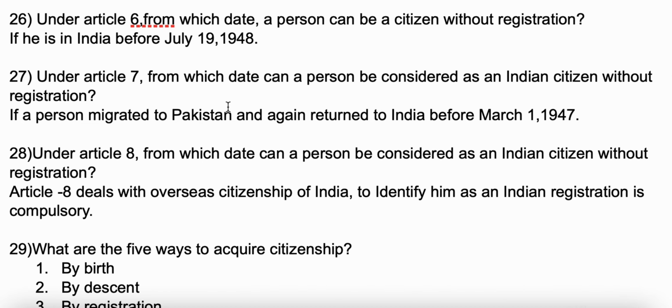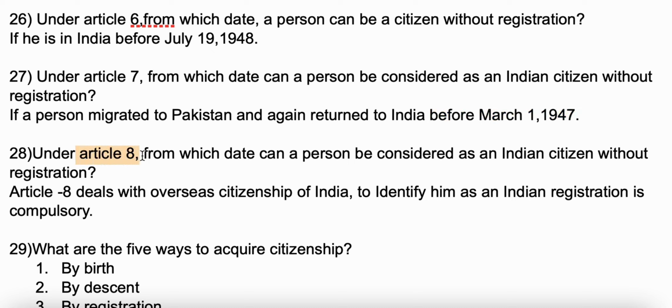See, I will revise again. Under Article 6, if I have returned to India before July 19, 1948, then registration is not needed. Under Article 7, if I return to India before March 1st, 1947, then registration is not needed.